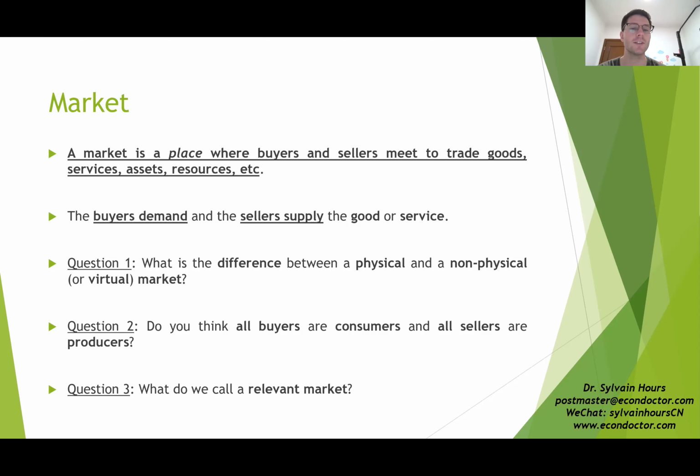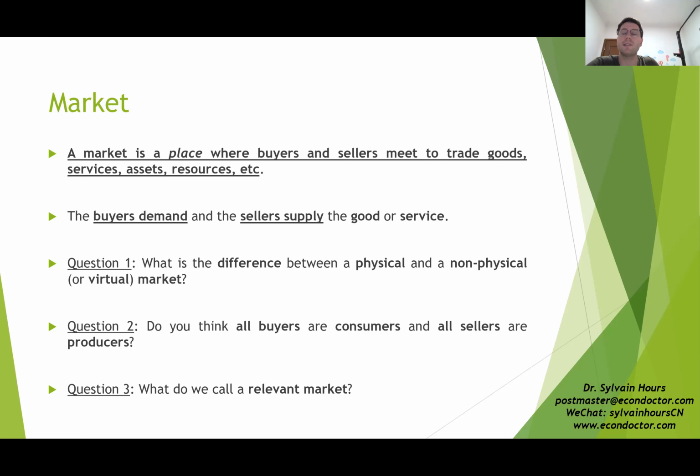And that's this concept of relevant market. It's essentially the market within which competition actually takes place. So it doesn't really make sense to talk about the market for cars, because there are actually many different markets for cars. First, because they can be sold in different locations, and also because there are many different types of cars, models of cars, categories of cars.